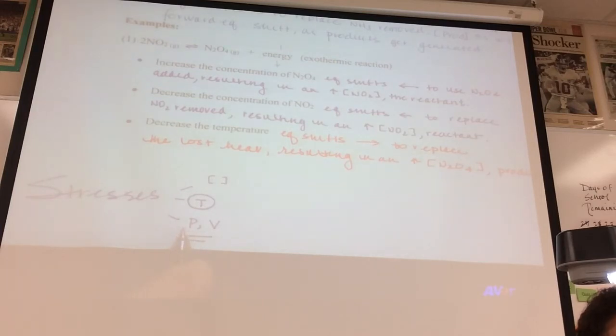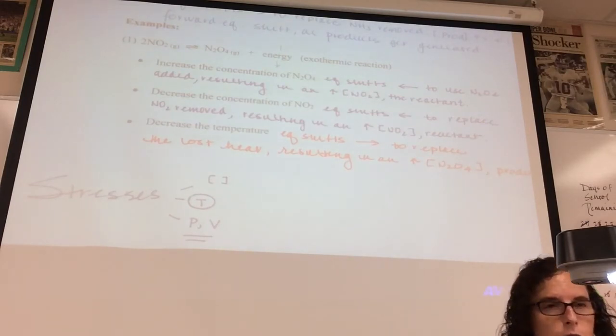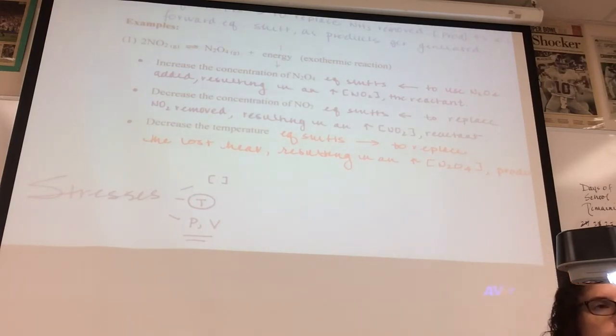If you decrease pressure, equilibrium shifts in a manner that favors the larger volume of gases. That volume of gases is determined from the stoichiometric coefficients. We've talked about stoichiometric coefficients representing moles of substance. We know that stoichiometric coefficients also represent volume of gaseous substance. We've done it in regard to volume ratios.